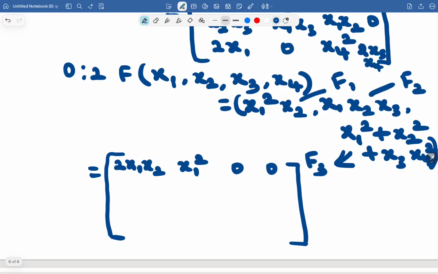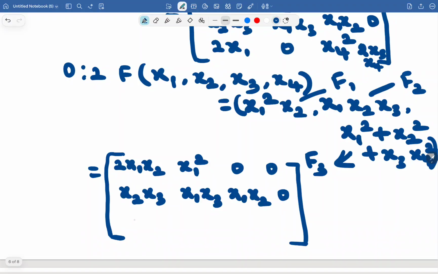Second row f2 with x1 partial differentiation, x1 x3, x1 x2, there is no x4, last term 0. Now differentiate partially f3 with respect to x1, with respect to x2, with respect to x3, with respect to x4, that is the last row.